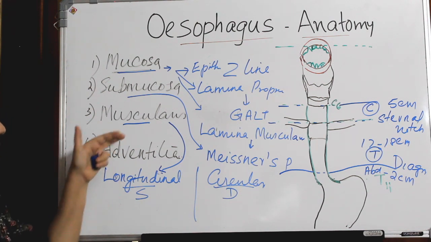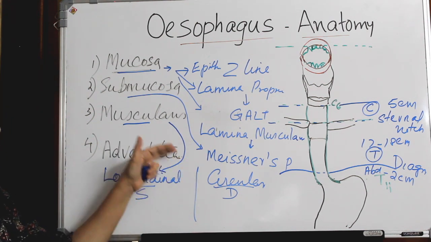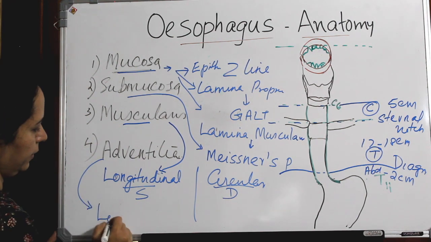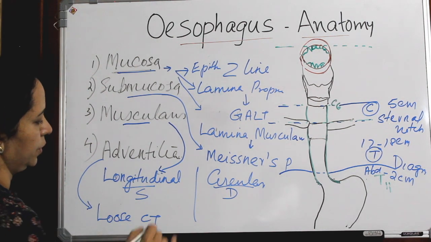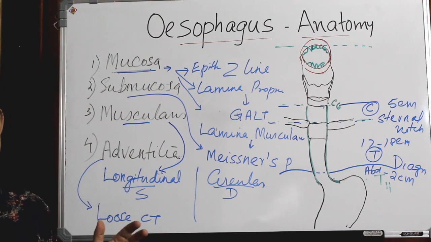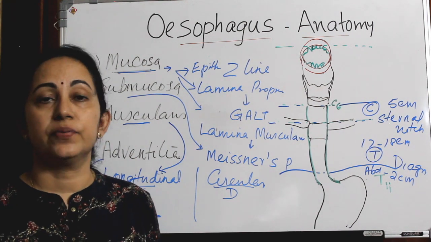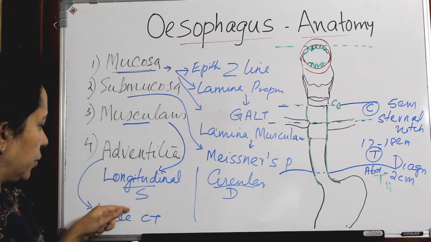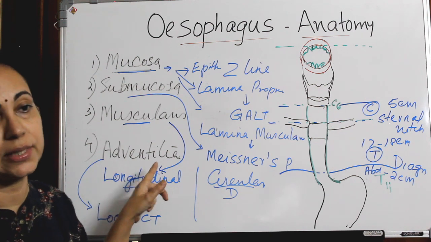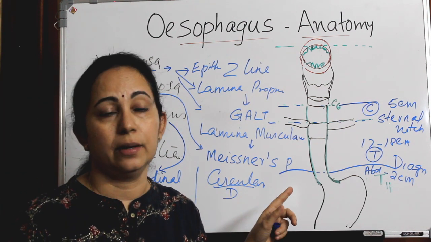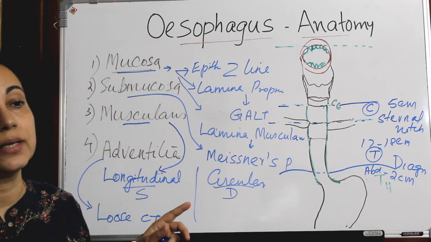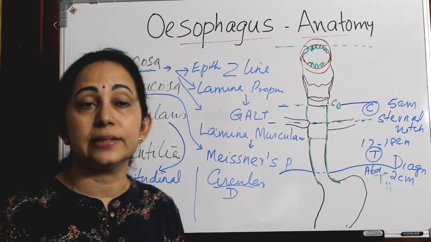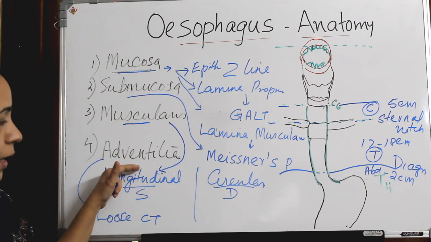Okay, so these two muscle fibers form the muscularis propria, and the adventitia is loose connective tissue. Because the esophagus has no serosa, spread of infection and tumor is very easy, and also the advantage of adventitia is that this layer facilitates easy surgical dissection and anastomosis.